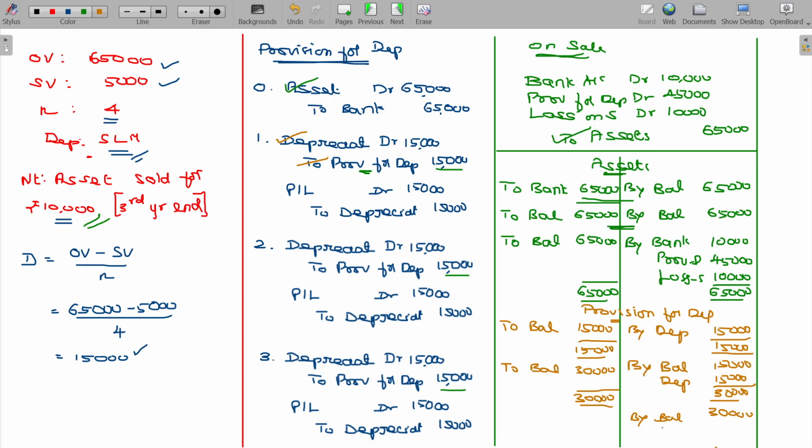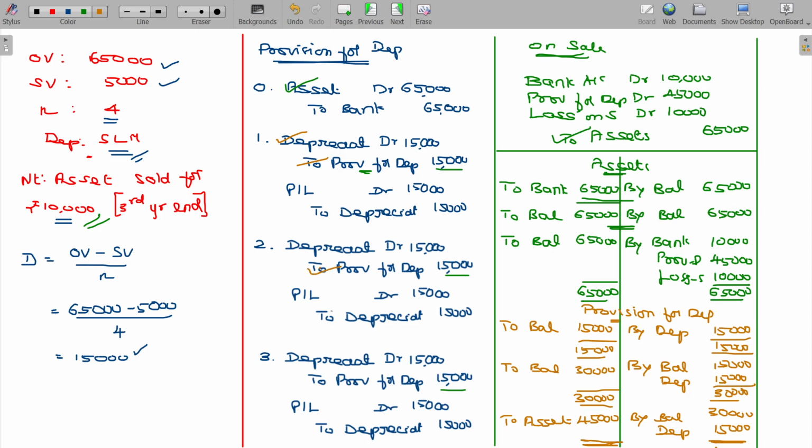Again, I am creating the depreciation 15 for this year. In the third year, the asset disposed, then the provision for depreciation no more required. Will be transferred from provision for depreciation account to asset account. Anga nama transfer pannittom. So with that, the provision for depreciation account will be completely closed.